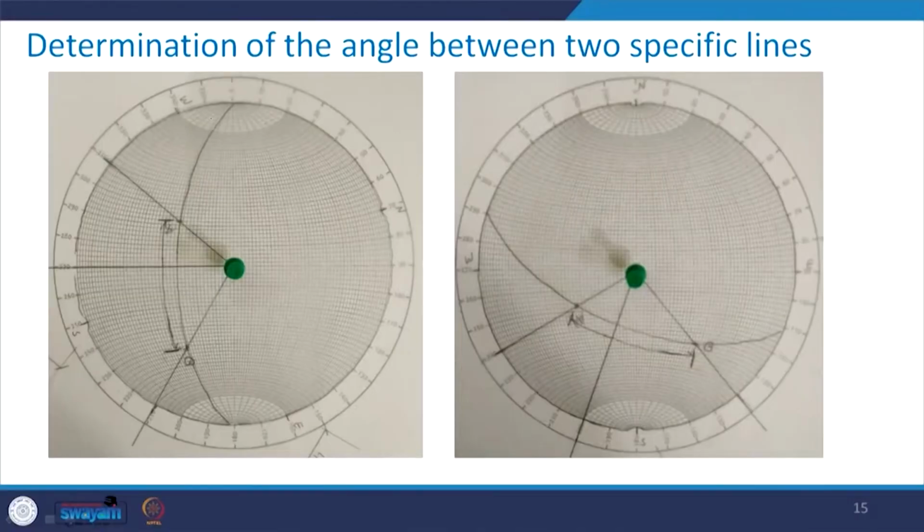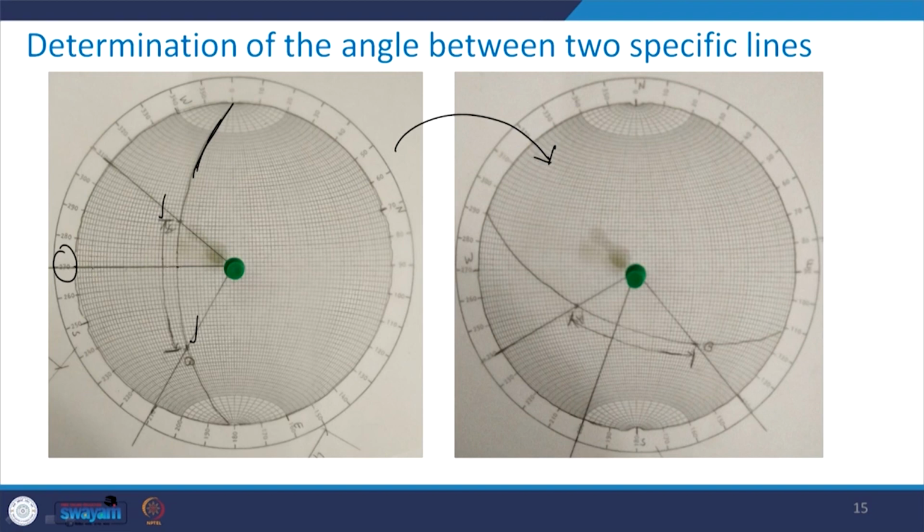In this position where we have drawn this great circle on which both the points A and B are lying, we draw a radial line in this horizontal direction that is coinciding with this 270 degree. Now, the next step is, you can measure from this point to this point.